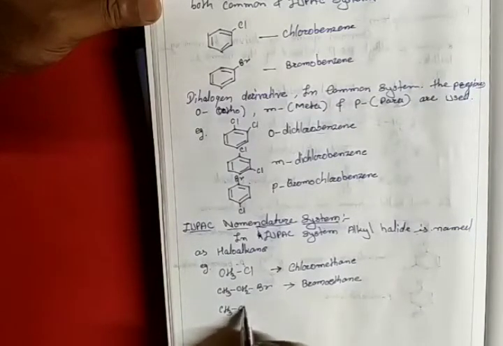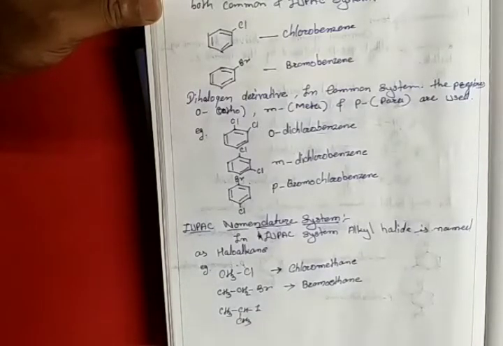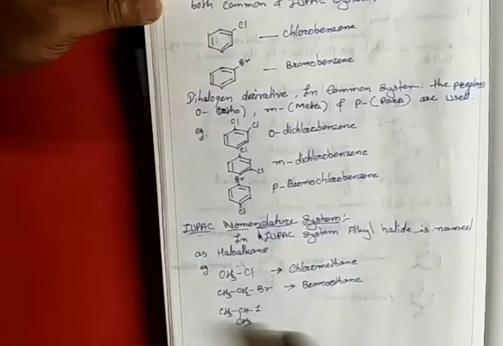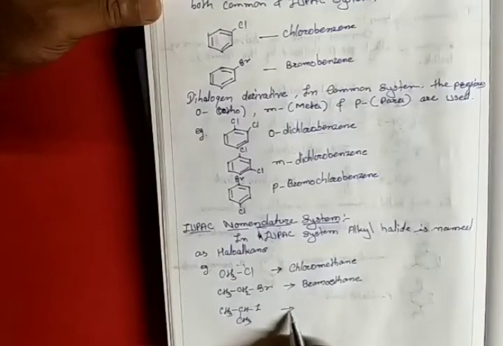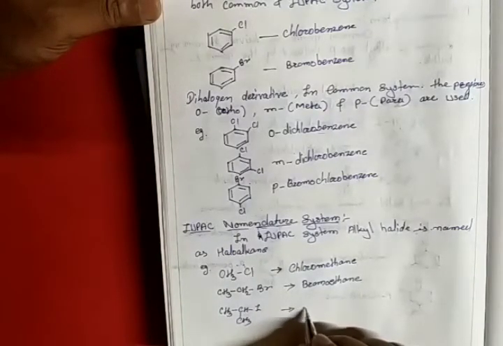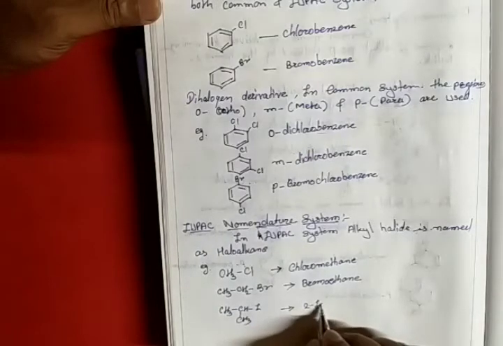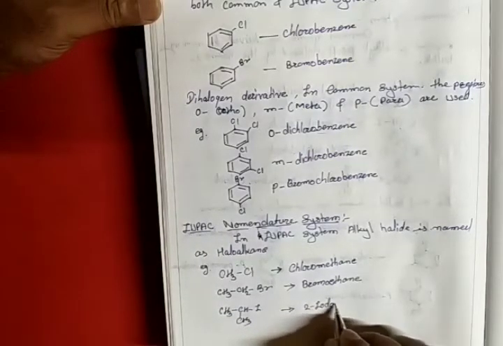Now CH3CHICH3. This is called isopropyl iodide by its common name, but its IUPAC name is 2-iodopropane.